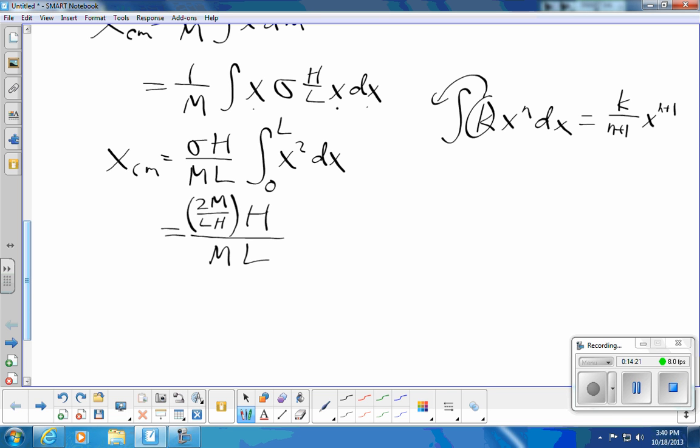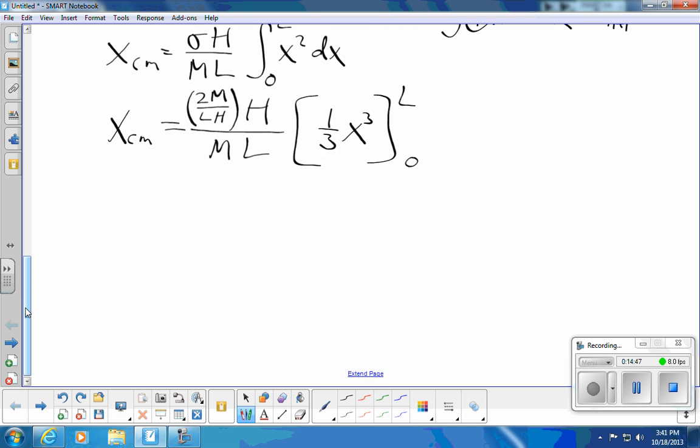It's just 1 over n plus 1 times x to the n plus 1. In this case, n is 2. So that means I'm going to get 1 over 2 plus 1, or 1/3, x to the 2 plus 1, or 3. And then I'm going to plug in the limits, 0 and L, and evaluate at those two different positions and subtract. We're almost done.